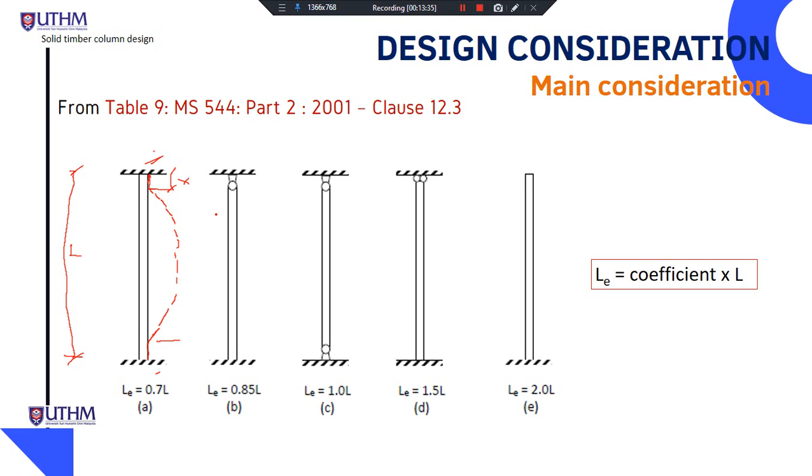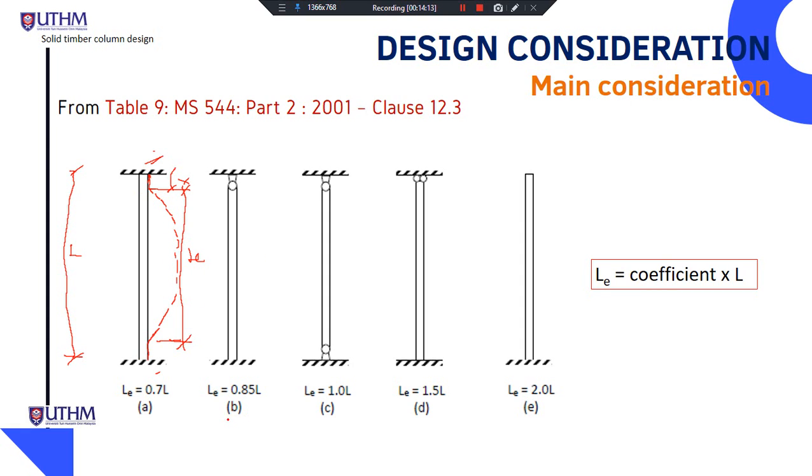So from this point to this point is called the L effective, and this length is measured by using 0.7 L. So this is how we measure the length for a column. Under column design, we need to consider the L effective due to the axial load and the bending.